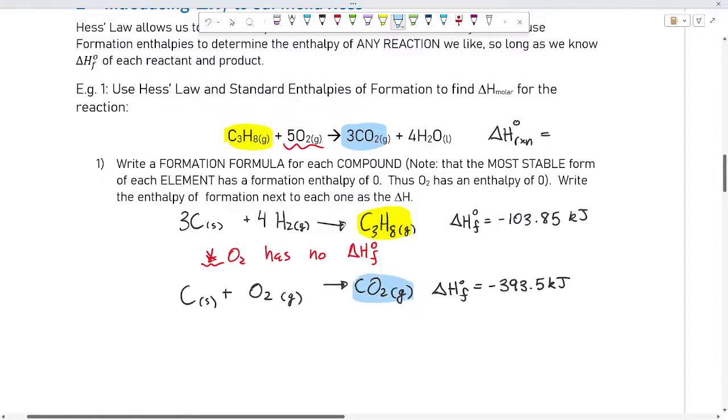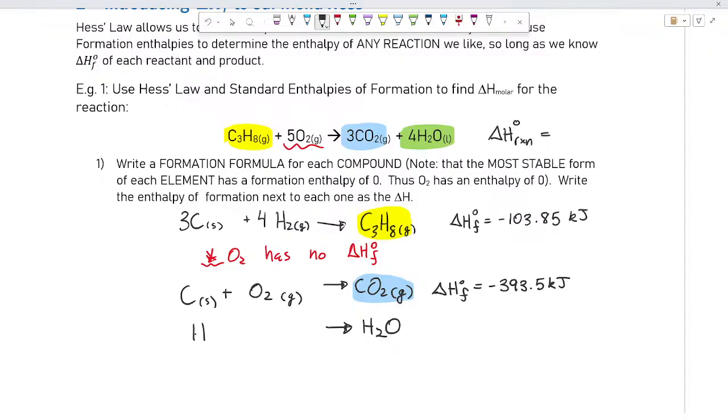Okay, and what about water? How would I make water? Yeah, hydrogen gas and oxygen gas. And of course, these are gases at room temperature. And let's be careful here, I'm making liquid water, right? Okay. Can we look that up on the previous page?